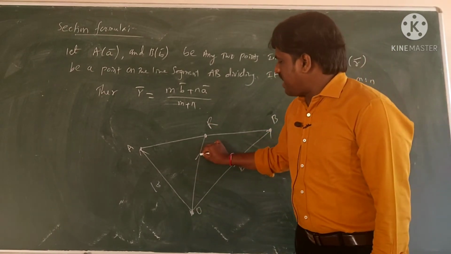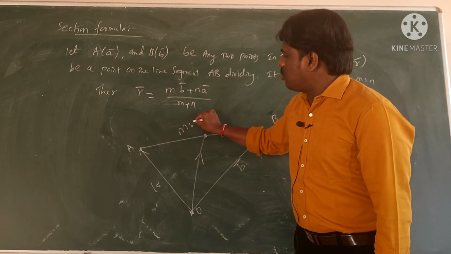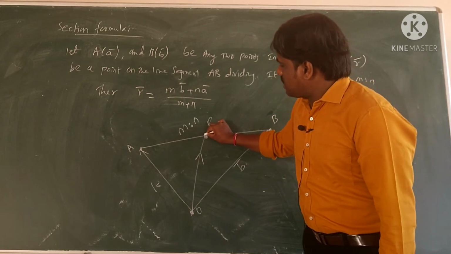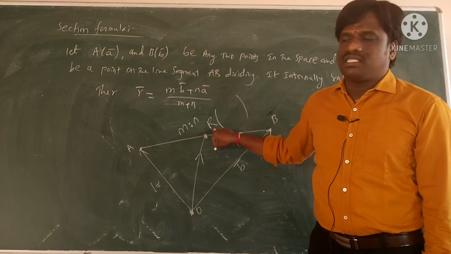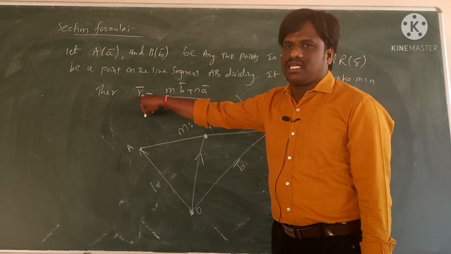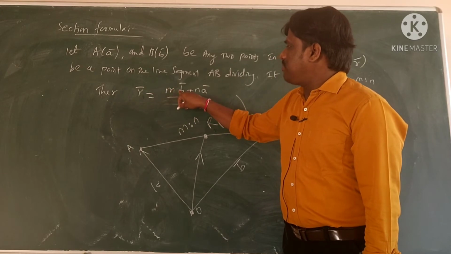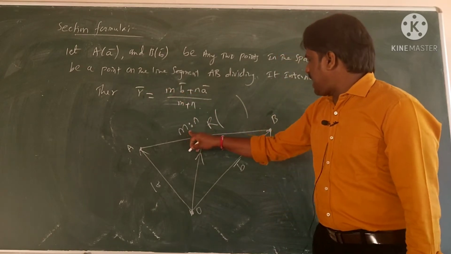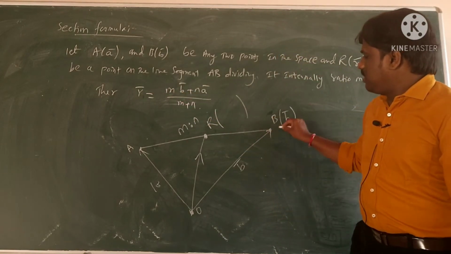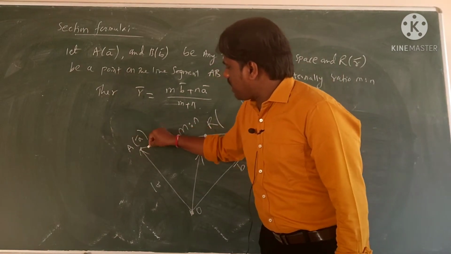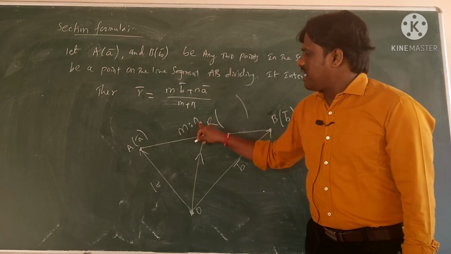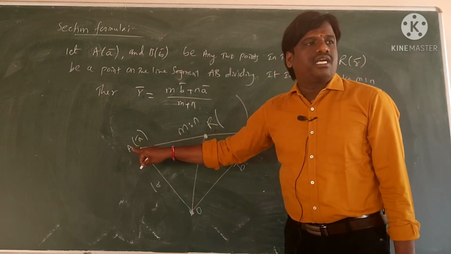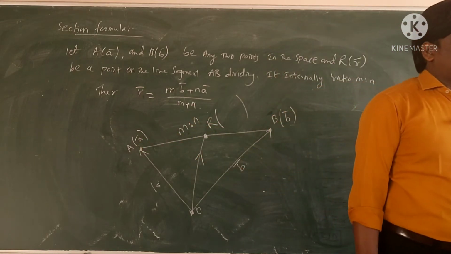If this is dividing in the ratio m is to n, then this point R can be written as m times of B vector, see, m times B plus n times A upon m plus n is the formula.